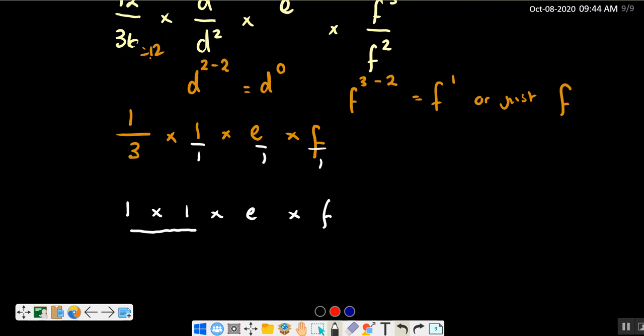And underneath is 3 multiplied by 1 multiplied by 1 multiplied by 1. So how does that simplify? 1 multiplied by 1 multiplied by E multiplied by F, EF. Just that, yeah? Divide by 3.